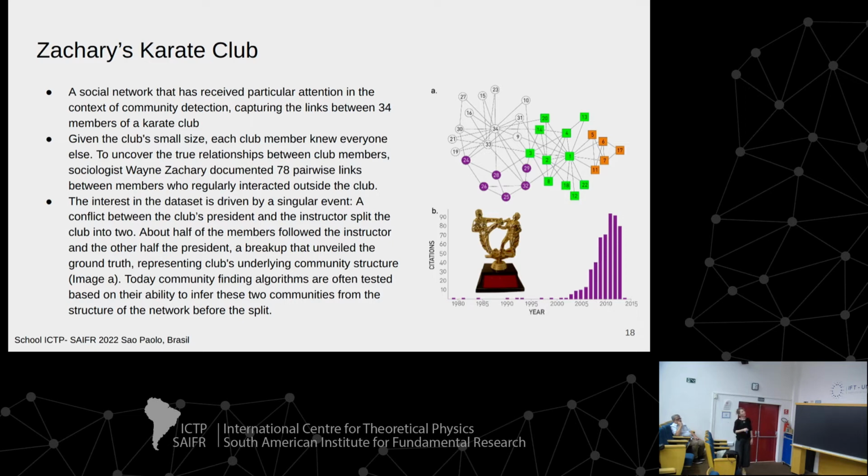What is called Zachary's Karate Club. This is a social network, a small one. It has only 34 members of a karate club. And this is a social network that received most attention in the context of community detection, because many different models appeared after this network has been analyzed, and a lot of different community detection methods appeared, in spite of the fact that it's a very small network.